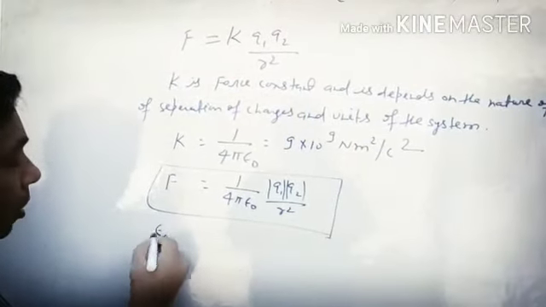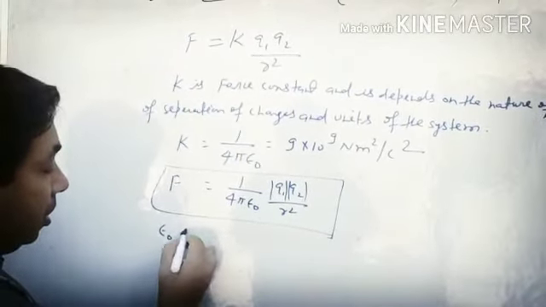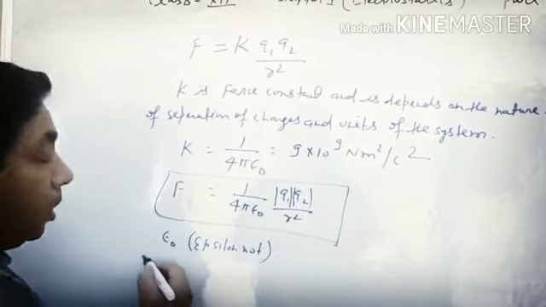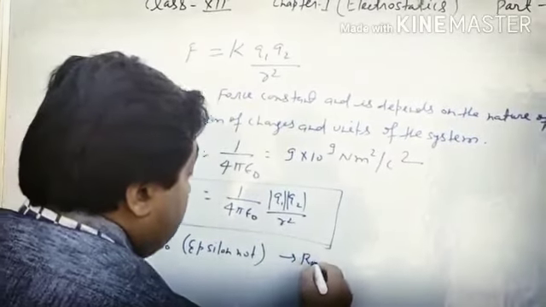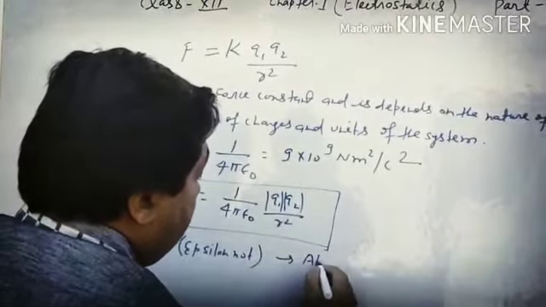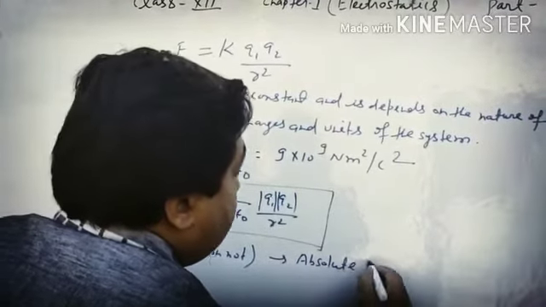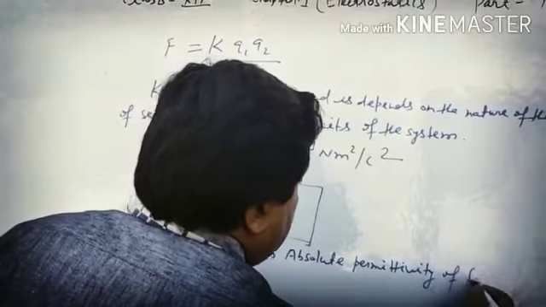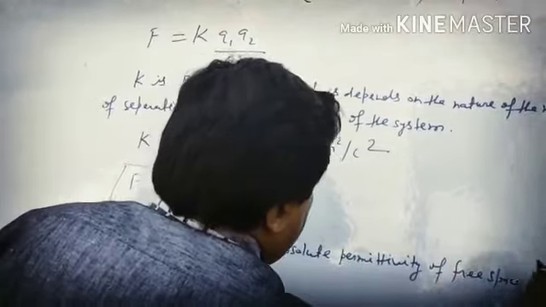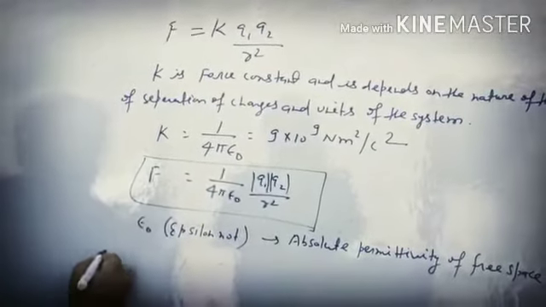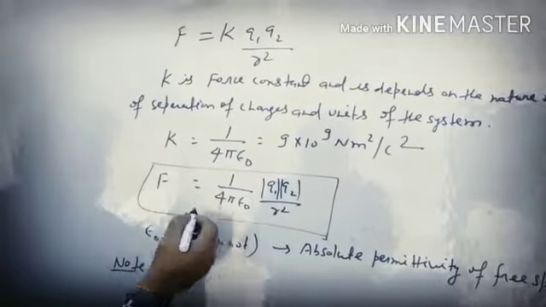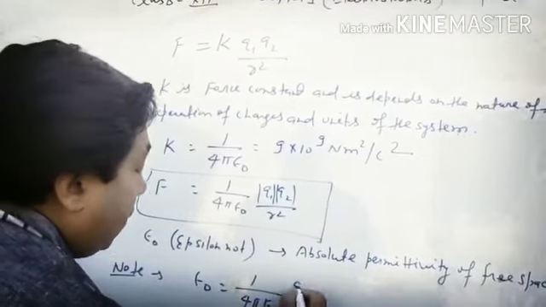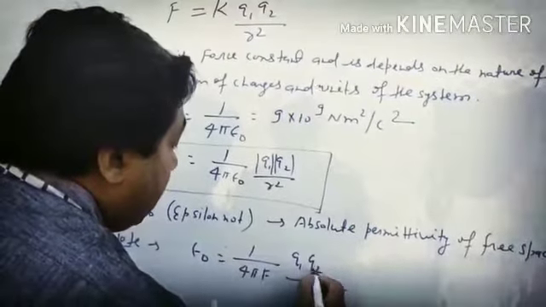Here epsilon naught is known as the absolute permittivity, called the absolute permittivity of free space. How can we find its value? Epsilon naught equals 1 upon 4 pi F, Q1 Q2 divided by r square.